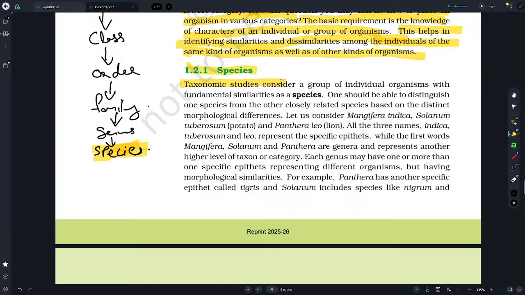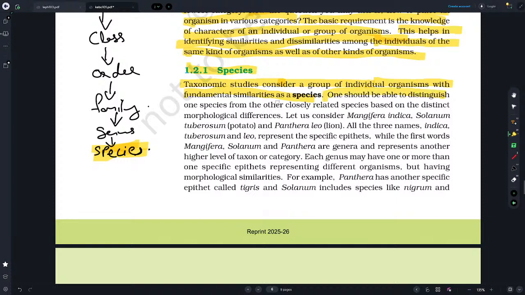Taxonomic studies consider a group of individual organisms with fundamental similarities as a species. The definition of species is a group of individual organisms with fundamental similarities is what we call a species. A group of organisms which are very similar is what we call a species.